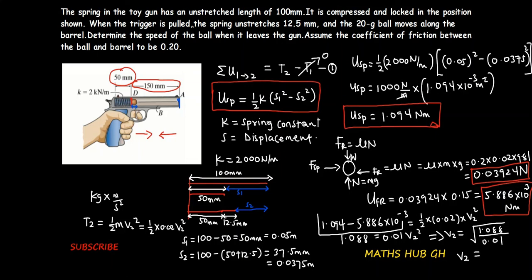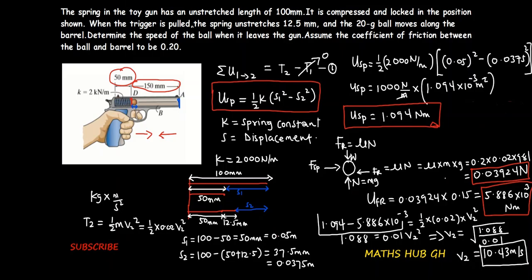The square root of 1.088 divided by 0.01 gives me a value of 10.43 meters per second. So this will be the value of the final velocity of the ball before it leaves the gun.